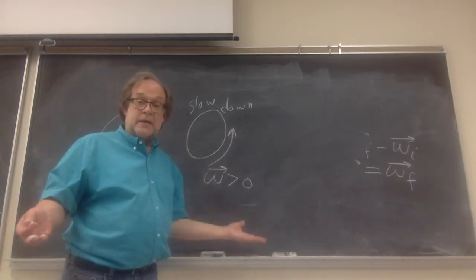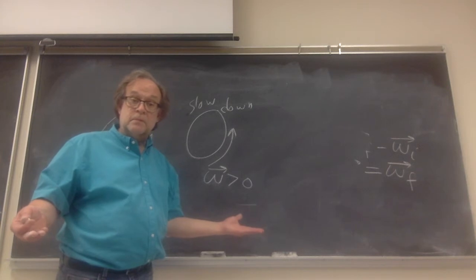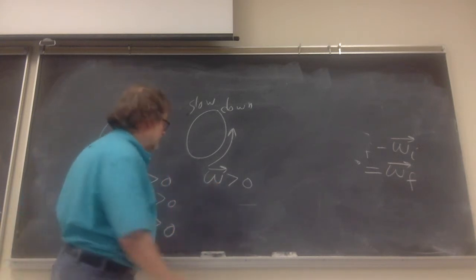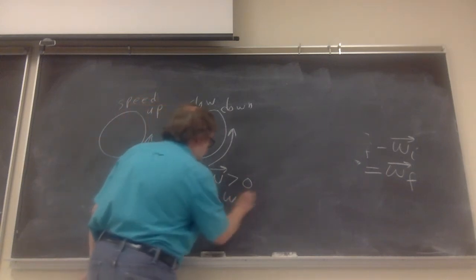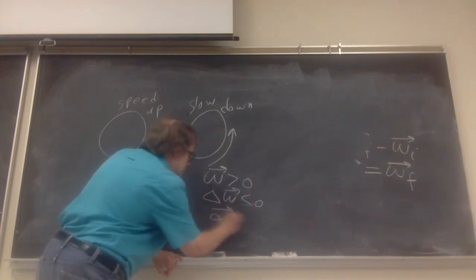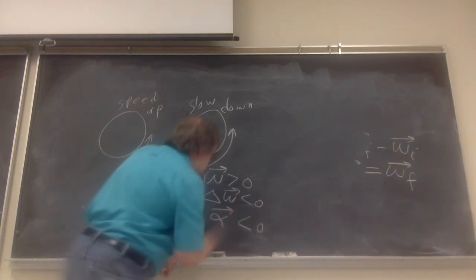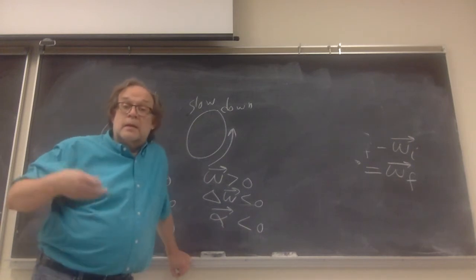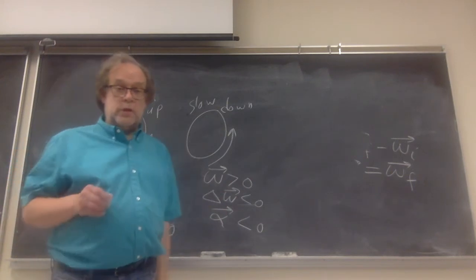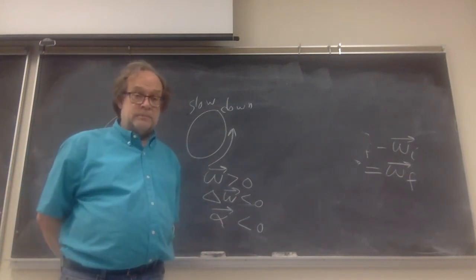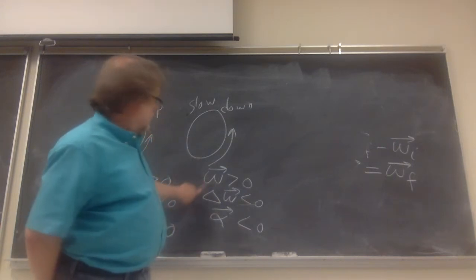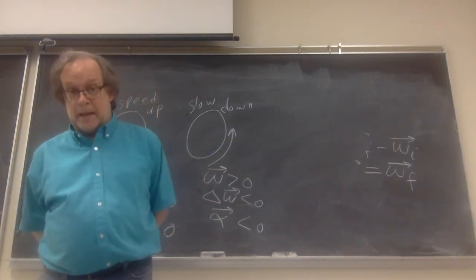Well, you have to add on something negative to cancel out some of the positive velocity that you started with. So the extra velocity added on is negative, and so the acceleration is negative, because the direction of any acceleration, whether it's angular acceleration or meters per second acceleration, always points in the direction of the extra velocity that is being added on.